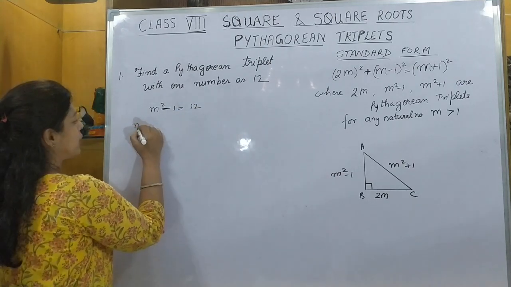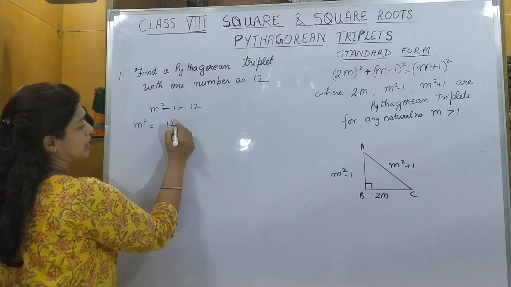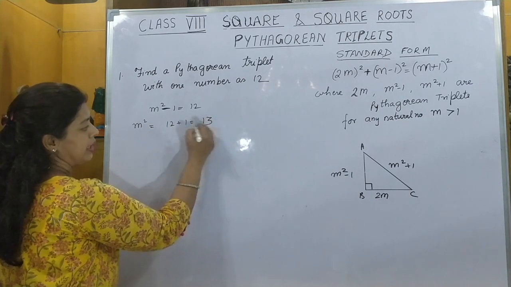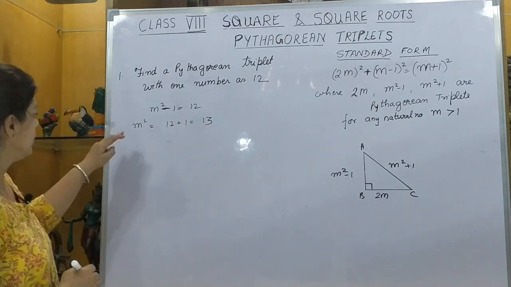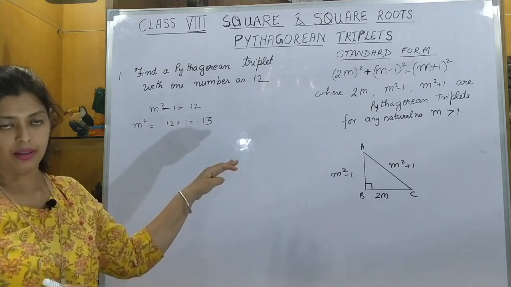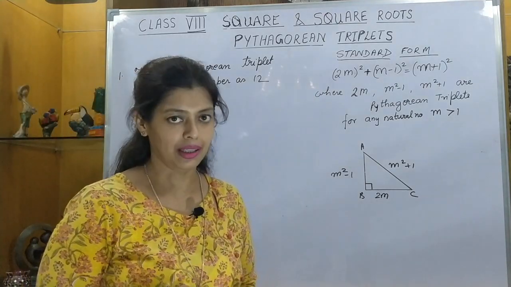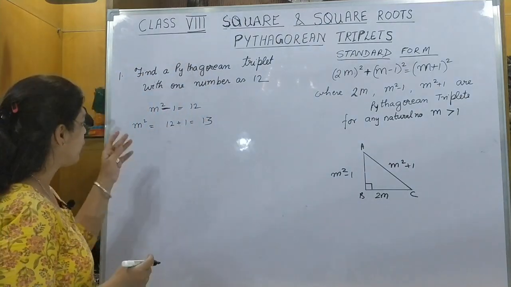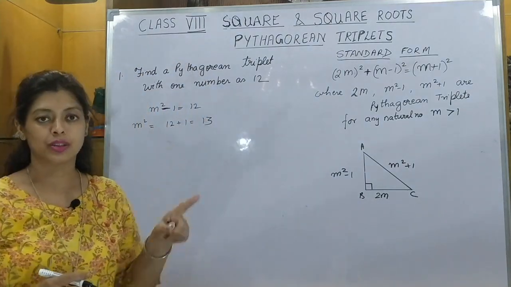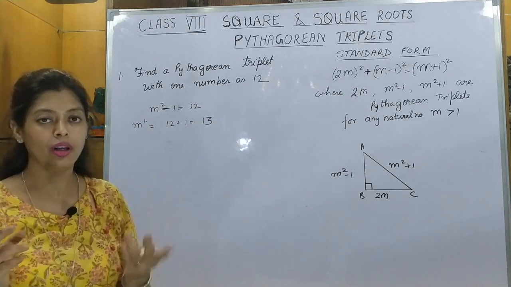This means that m square is equal to 12 plus 1, which is equal to 13. Now 13 is not a perfect square. There is no natural number m whose square can be 13. That means for no natural number m can m square minus 1 equal to 12 hold good.